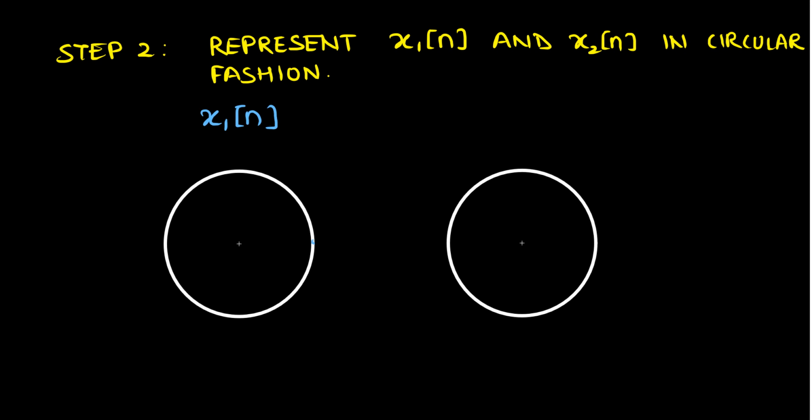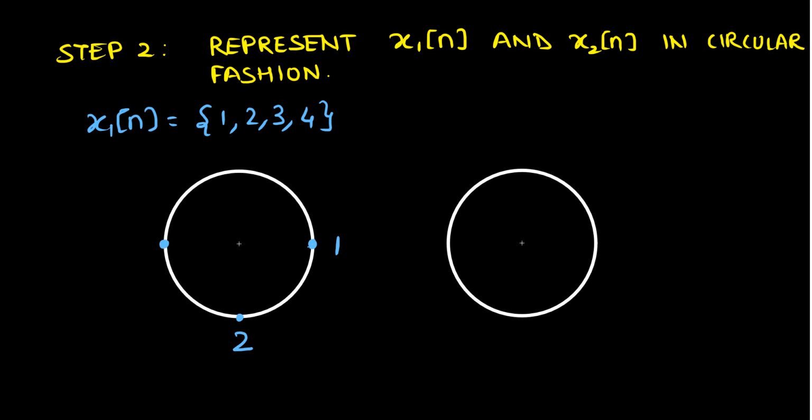So now we know that this x1 of n is given as 1, 2, 3, 4, and we know that this x1 of 0 is equal to 1. Then we have this x1 of 1 is equal to 2.